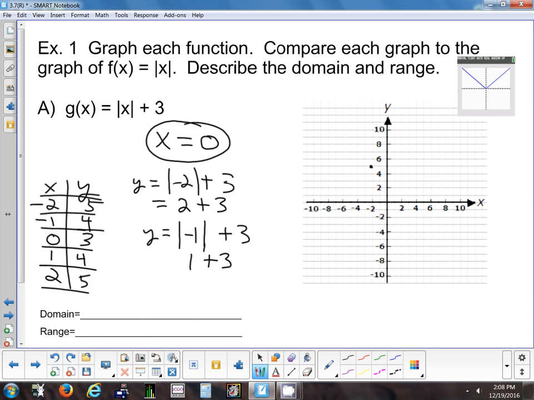Let's see what happens. Negative 1, 4. Just put it right over your number. 0, 3. Now this should be it. It should start turning at this point. 1, 4, and 2, 5. Did we get a V shape? Nope.